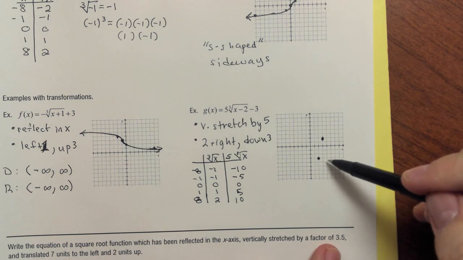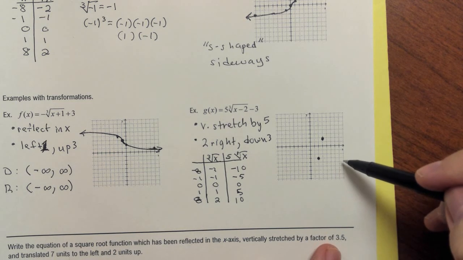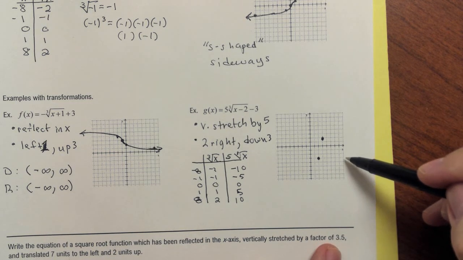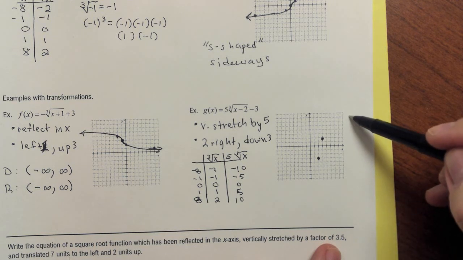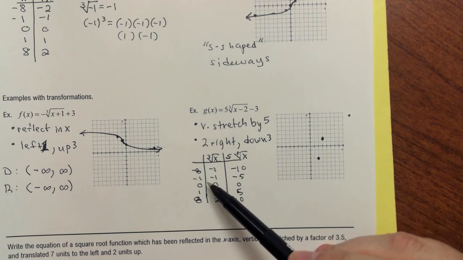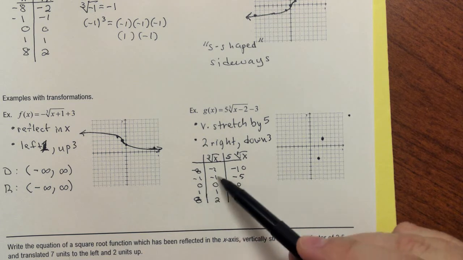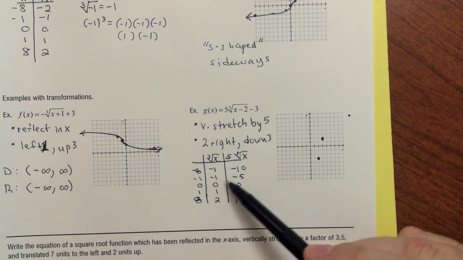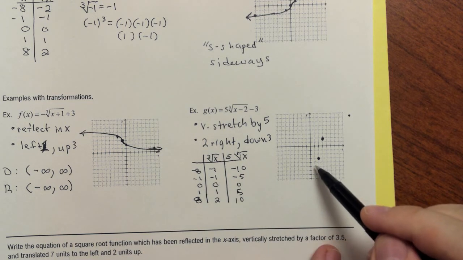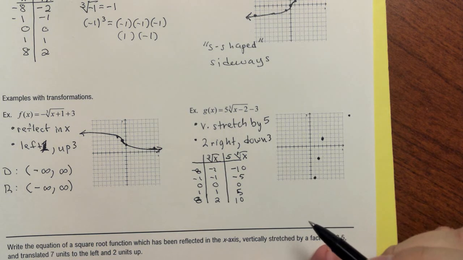which is a little bit off this grid, but I can still approximate where it is. If this is 2, 8 to the right will be about 10, so this will be about here. Normally, I'd go to the left 1 and down 1. That's what this -1, -1 tells me. But instead, since I'm stretched, I will go to the left 1 and down 5, which will put me here.